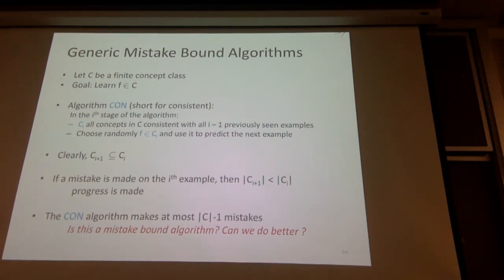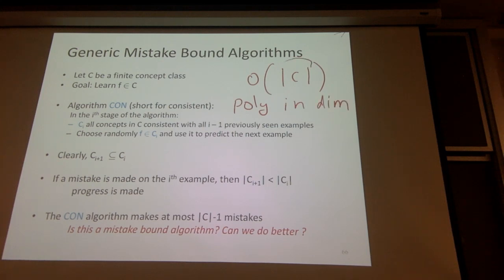Now, keep in mind, here are some factors that we can consider when you are thinking about the question. The number of mistakes this algorithm makes is order of the size of the hypothesis, the concept class. An algorithm is said to be a mistake bound algorithm if the number of mistakes it makes is polynomial in the dimensionality.